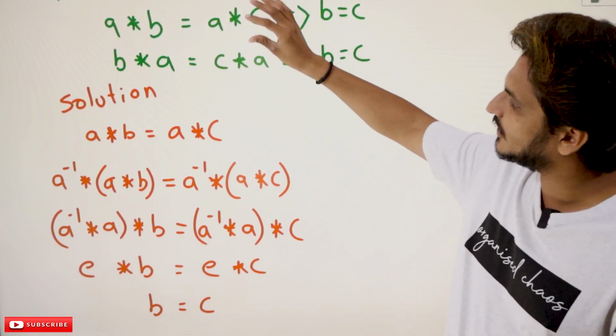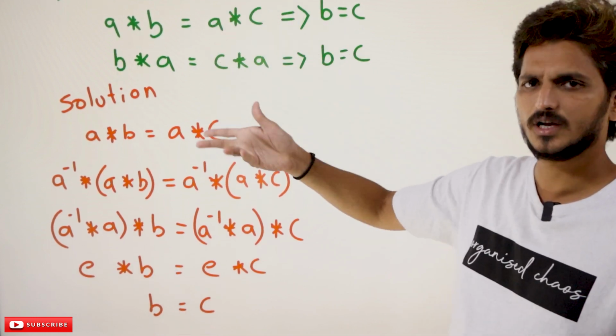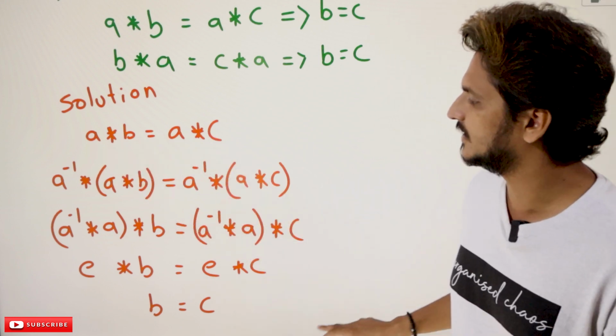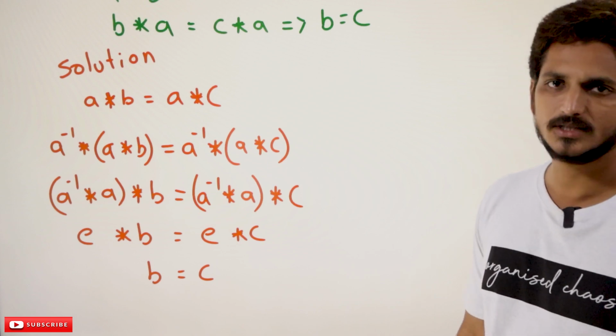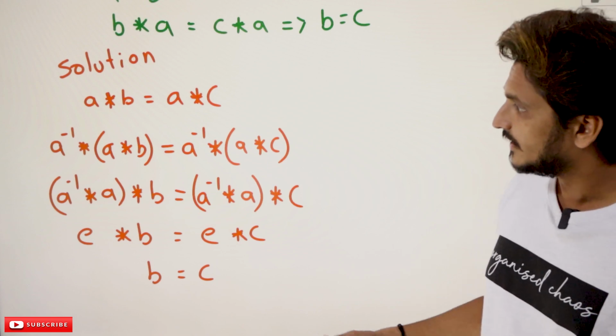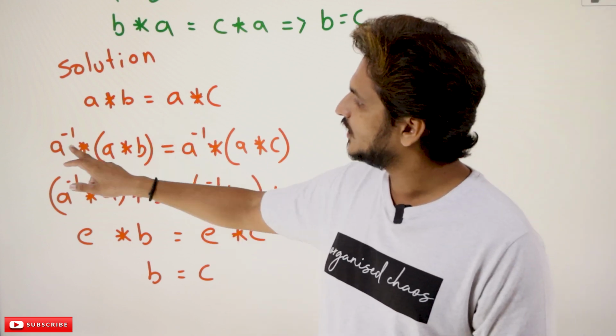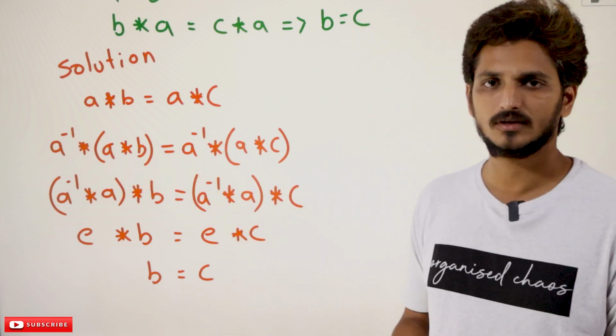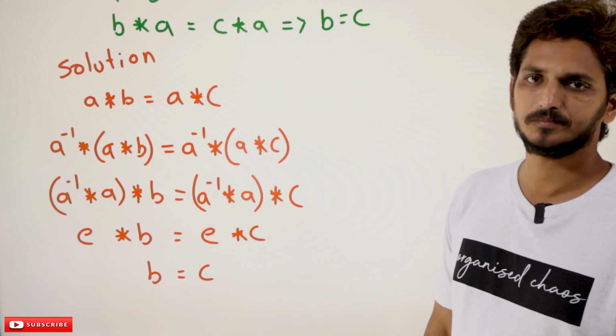We are going to show only for one, the first one. The second one, you can try on your own. Let's take A star B is equal to A star C. We are assuming that A star B is equal to A star C. Then on both sides, we apply A inverse. Doing that is not a problem because both sides are same.